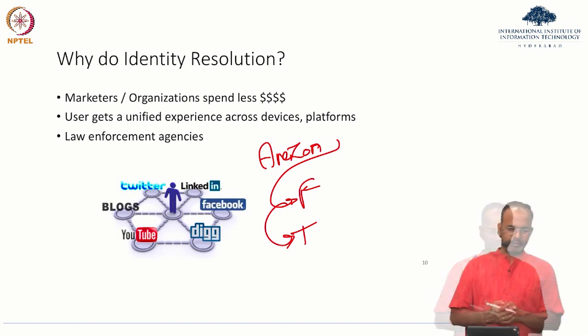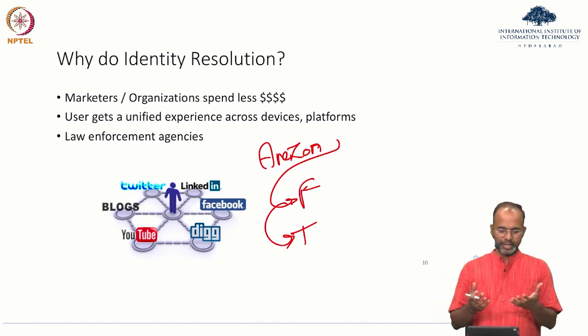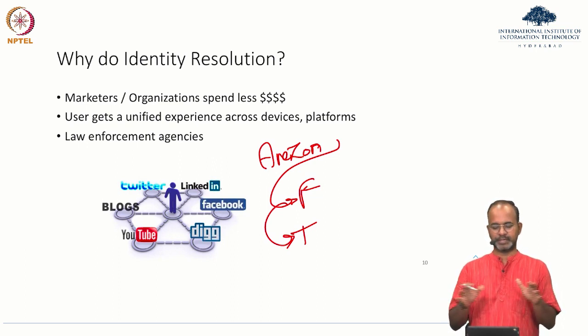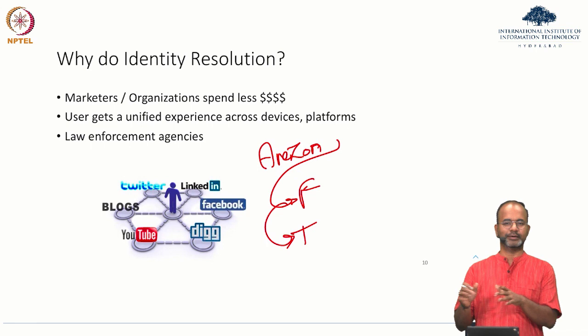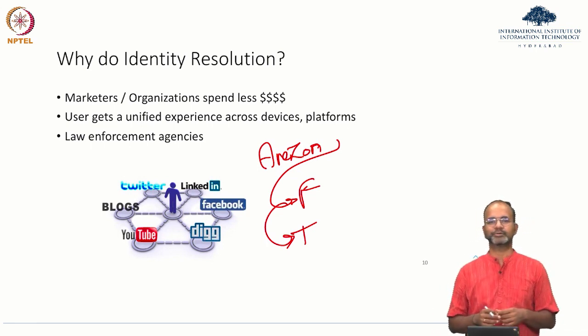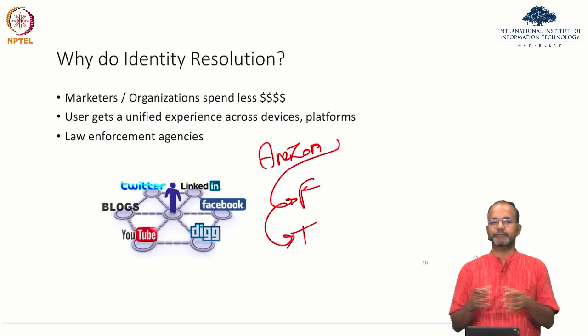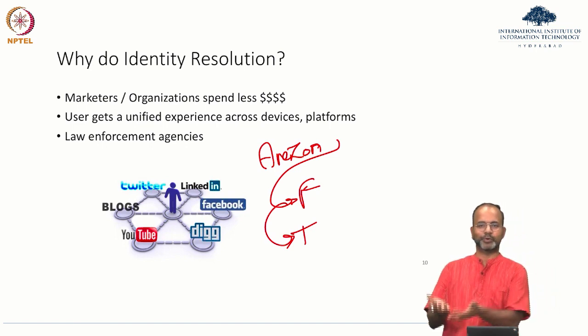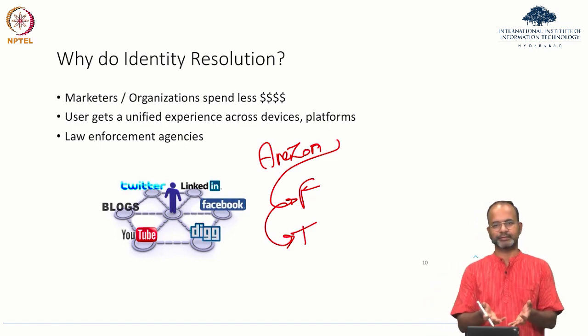That's one. Doing this identity resolution also helps the user experience across devices to be more seamless. So my iPad is connected to my Gmail, my laptop is connected to my Gmail. If all of them are connected to the same account, it just helps in moving information. For YouTube, I watch something here, my history gets created on my iPad.